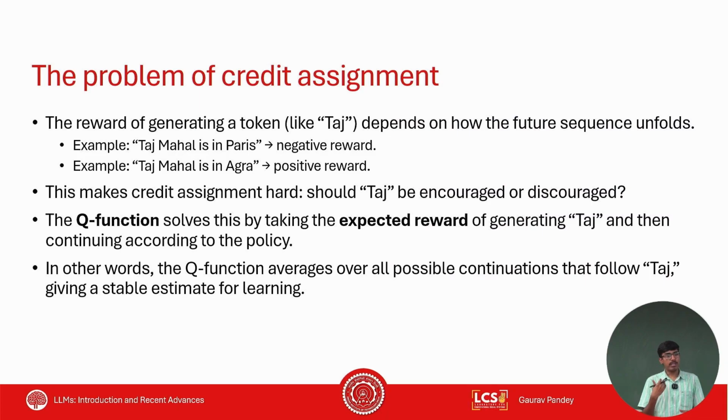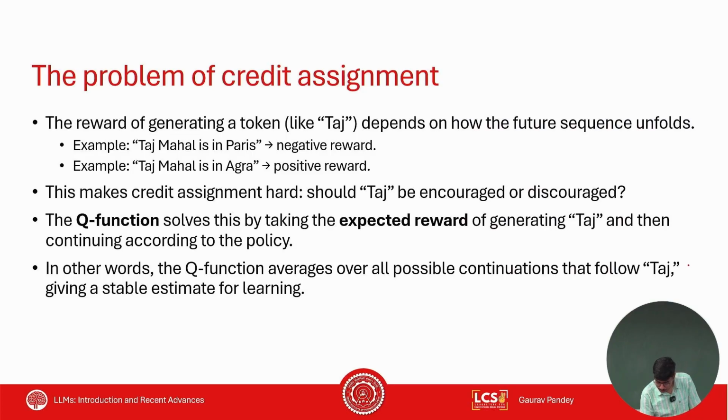So that's what is called the Q function. The Q function asks: if I generate Taj and then continue with the policy, what is the expected reward that I will get? That's your Q function. It's an average over all possible continuations that follow Taj using the policy.